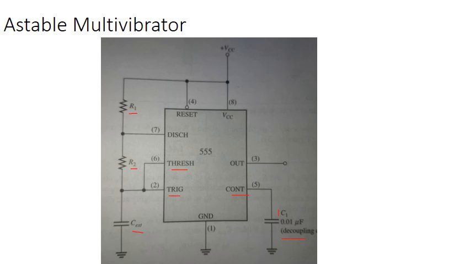Reset pin, as I have already told you in the internal diagram of the 555 timer, when it is low, the circuitry will be reset. VCC, pin number 8, supply is provided to this, and the discharge pin is connected to the junction of the two resistors R1 and R2.